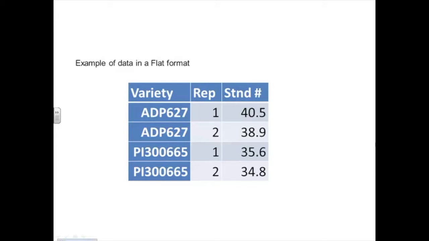Here's an example of a flat format. Same data, but now I have variety in a single column, my block effect in a single column, and my data. Okay, and it's a percentage stand. So of the seed I planted, how many have survived? Okay, so these are the data that we're going to be dealing with.